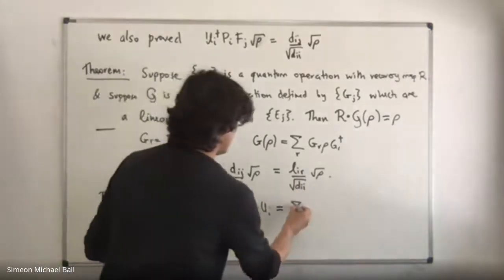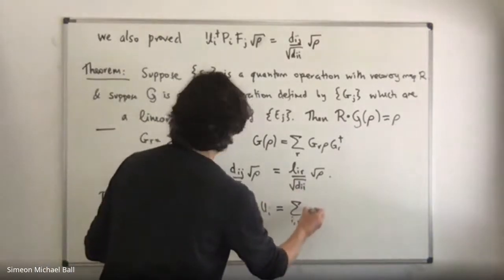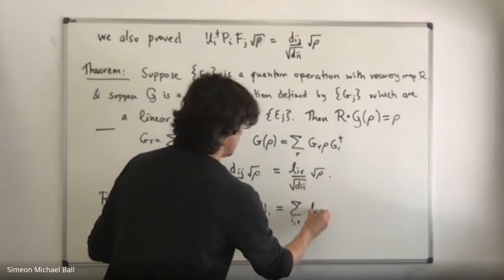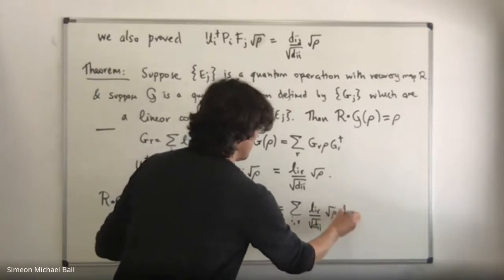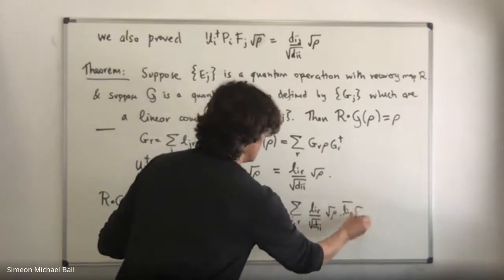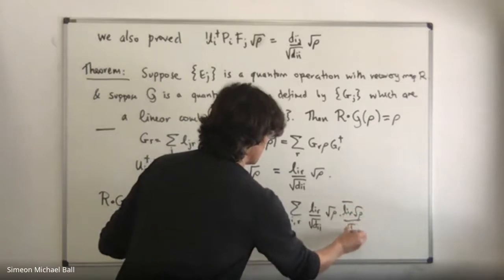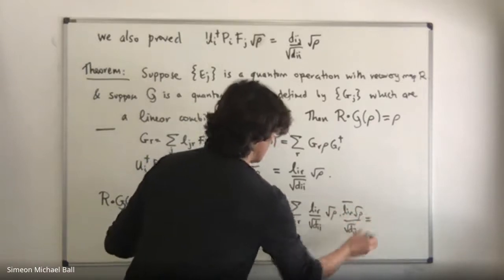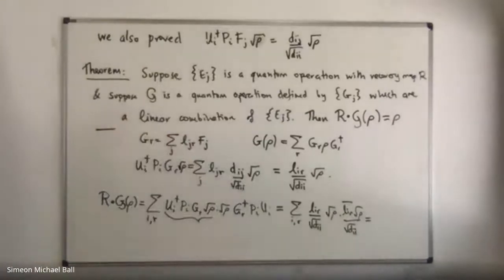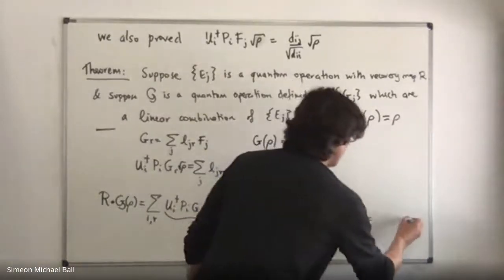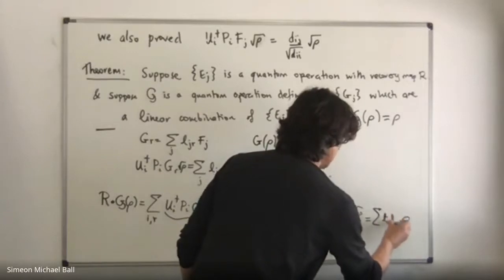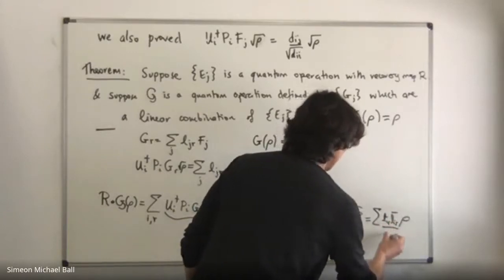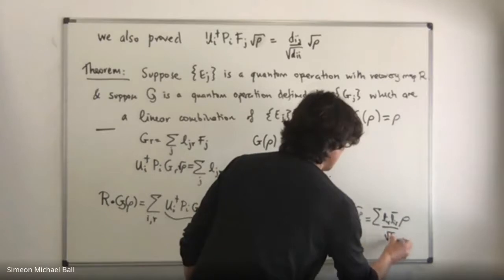So this is the sum over I and R of L_IR over the square root of D_II, square root rho, L_IR. And now, of course, we've got again another sum of L_IR over square root of D_II.